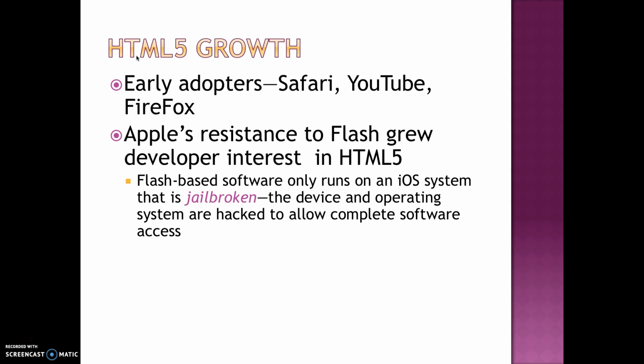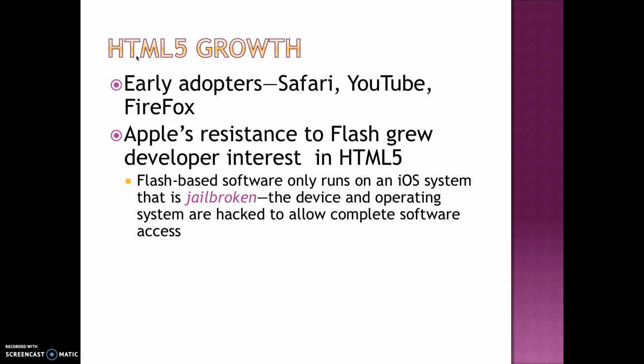It grew because Apple's products were the premier platform for media and for games in general, since Apple's hardware was the premier. So why make something that is not going to work on an Apple product? It wouldn't make sense for developers.